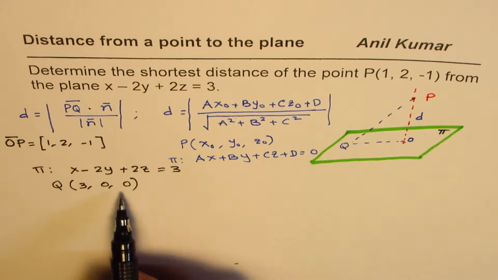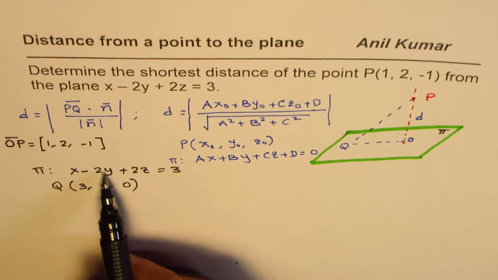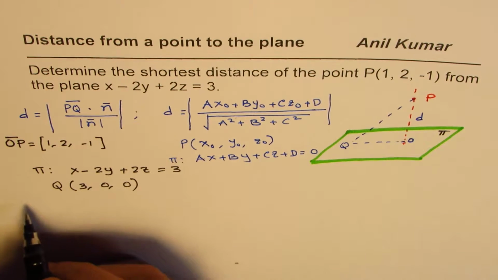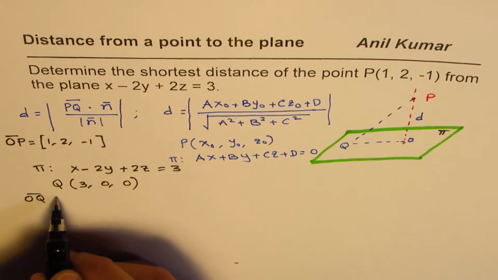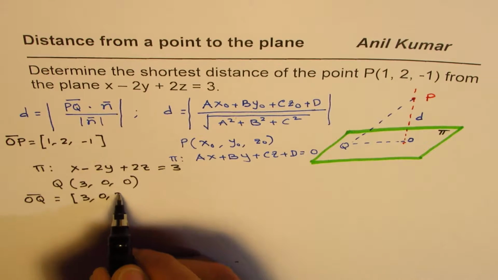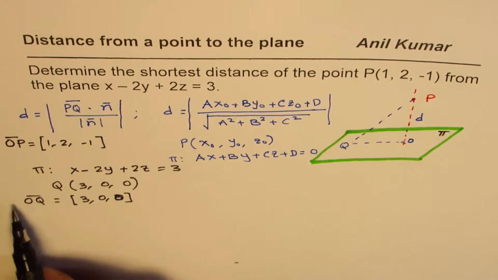You could select any point. Since it satisfies this equation, it lies on the plane. That's the whole concept. So we get x equals 3. Now the vector OQ will be written like this, right? So we have this vector OQ.